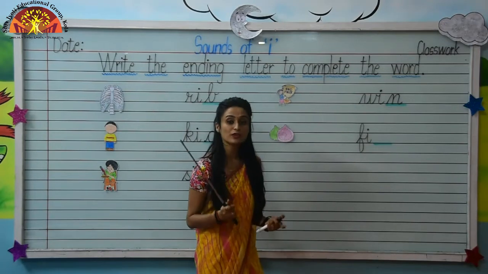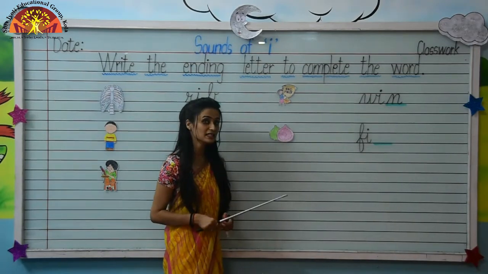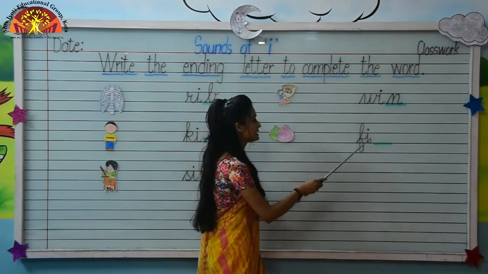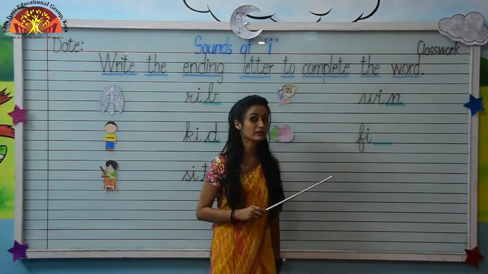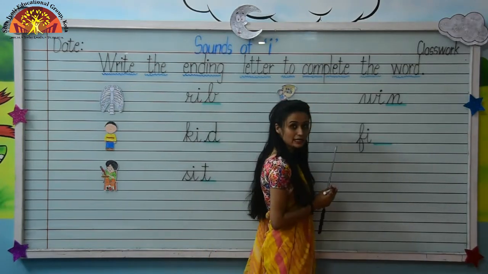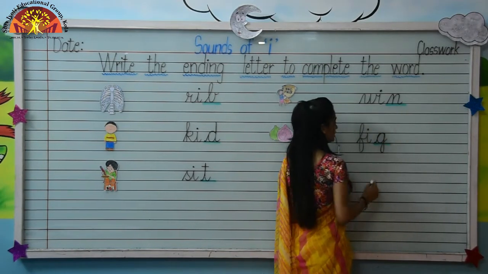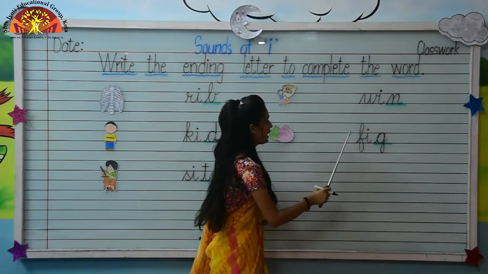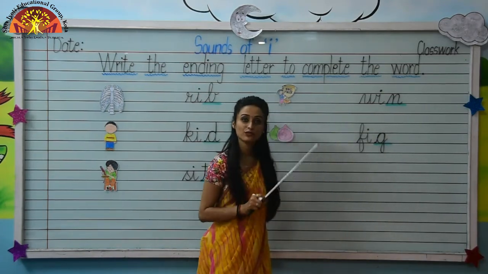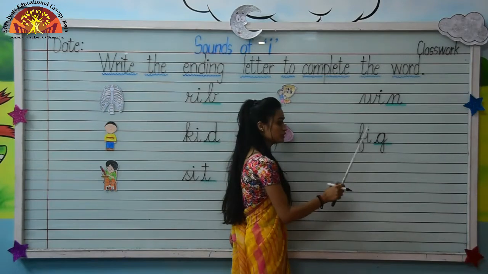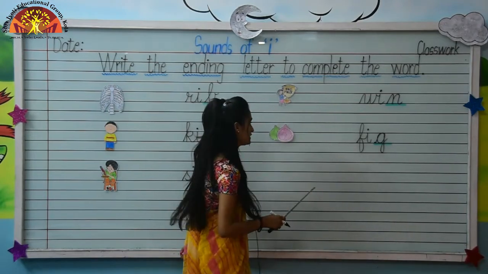Which letter is missing? Yes, I just told you, it is G. So we have to write letter G to complete the whole spelling like this. Our spelling is complete now. F-I-G, fig. Very good.